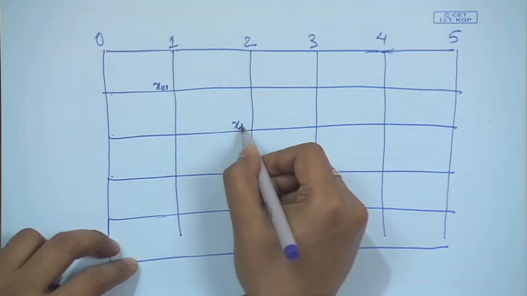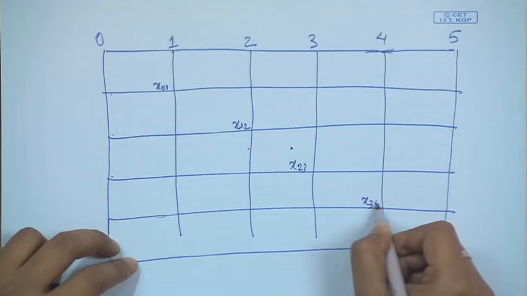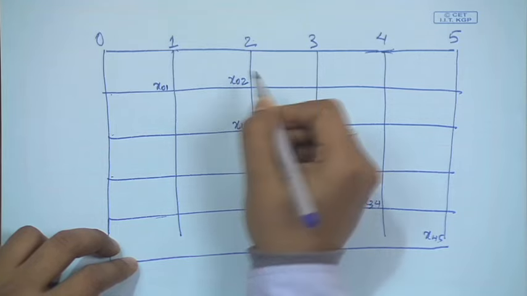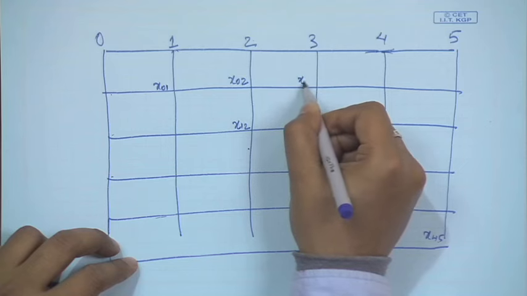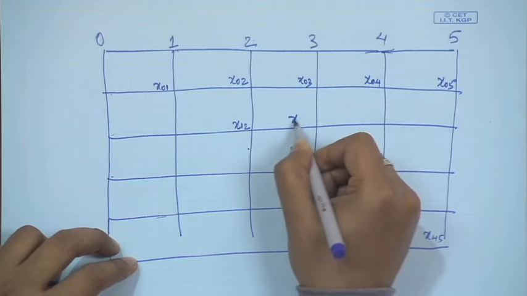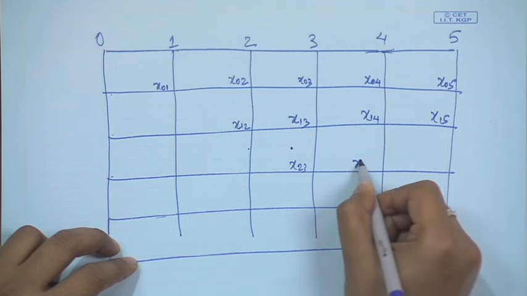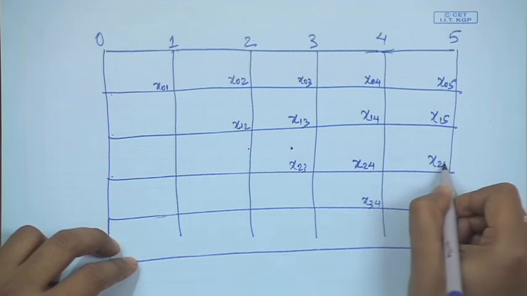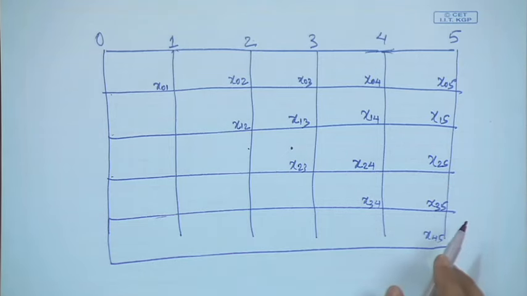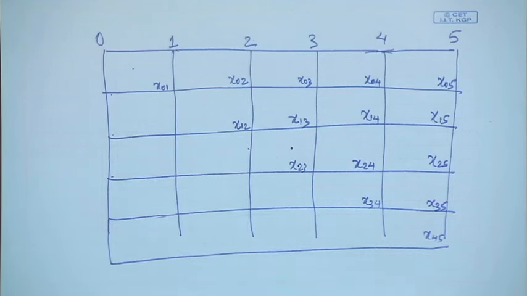This is x12, x23, x34, x45. This will be x02, words between 0 to 2, x03, x04, x05, x13, x14, x15, x24, x25 and x35. Now I have to fill here what are the different non-terminals that fill each of the individual elements.